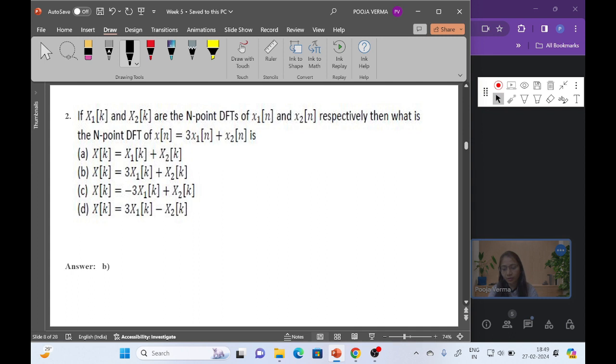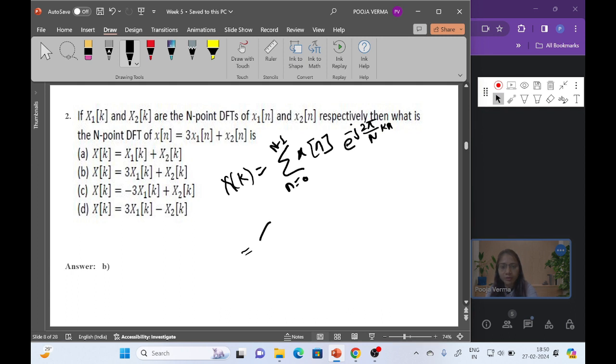Okay, so this is the linearity property of the DFT. This follows the linearity property of a DFT. So as you know, the DFT of a signal, X(k), is equal to the summation for n equal to 0 to N minus 1 of x(n) e to the power minus j 2 pi by N kn.